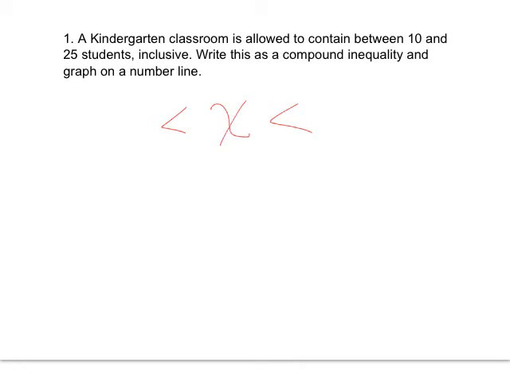Between 10 and 25 students inclusive. Now, when we see the word inclusive, that tells me that we're including 10 and 25 in our boundaries. So we're going to put the or equal to symbol under our symbols. And notice that the 10 is actually smaller than 25, so that's the reason it says 10 is less than or equal to x, and x is less than or equal to 25.